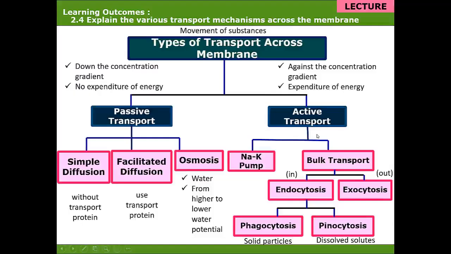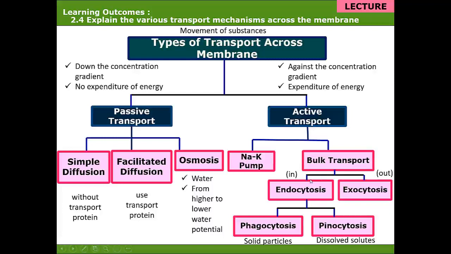What about active transport? Active transport is divided into two types: the sodium-potassium pump, which allows these ions to be transported against their concentration gradient, and bulk transport, which transports large molecules such as proteins and polysaccharides in bulk, in the form of vesicles or vacuoles.